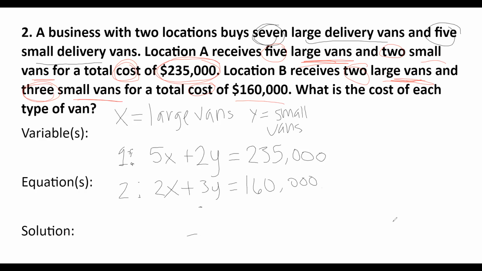Now we have our equations, and we want to know the cost of each type of van. And in this case, we don't want to know when it's the same. If we were asking when these were the same, then we would set them equal to each other, but that's not what the question is asking. It wants to know the cost of each type of van.